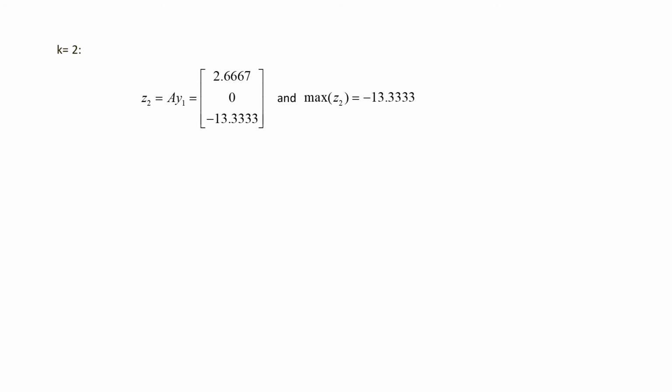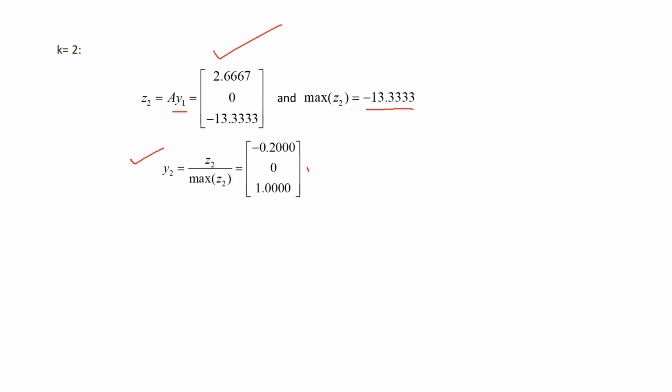For k equal to 2, we calculate z2, which is again the product of A, now with y1, which is this vector. The maximum entry in z2 is written here, which is minus 13.333. Now we find y2, calculated by the given formula for k equal to 2 as z2 over the maximum of z2.